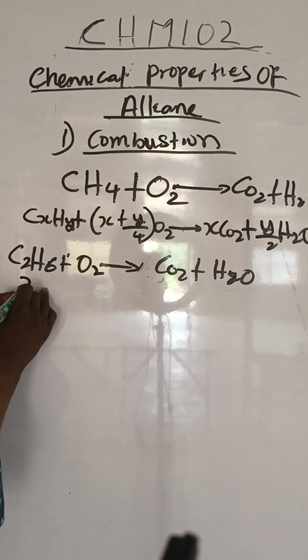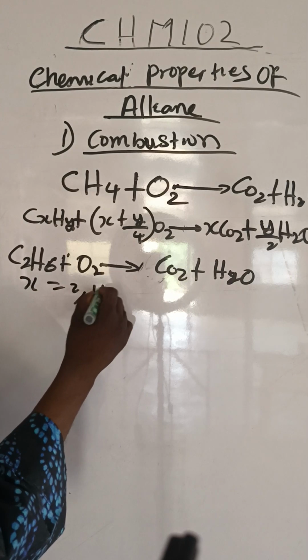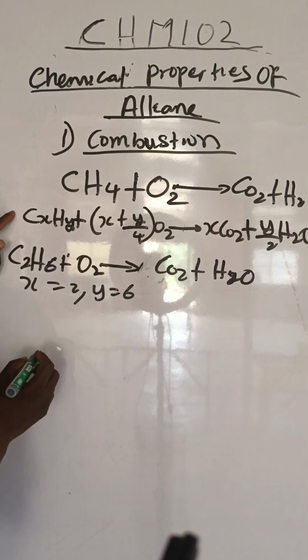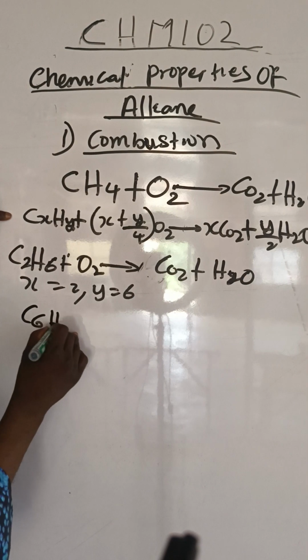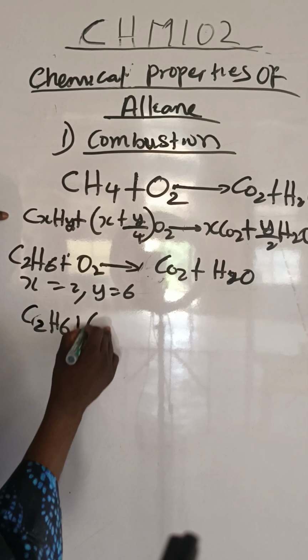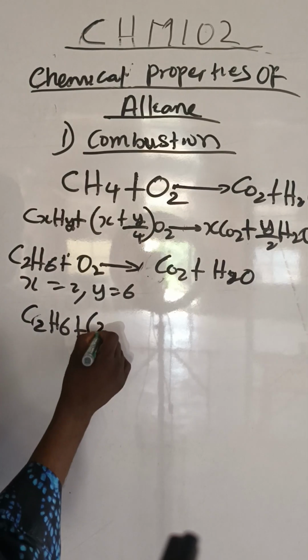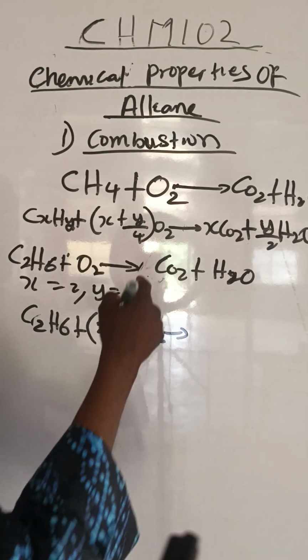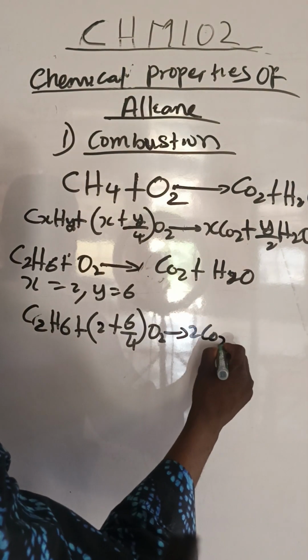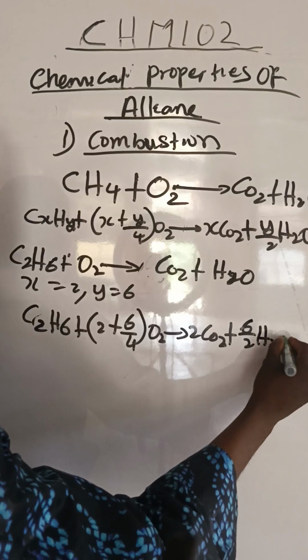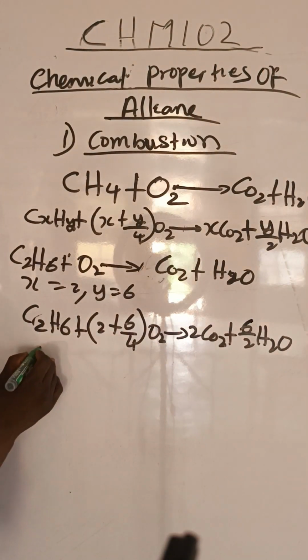Our x is equal to 2, y is equal to 6. So that means if I see x, I will write 2. If I see y, I will write 6. Okay, let's come back. That will be C2H6 plus, open bracket, x is 2 plus 6 over 4 O2 to give 2CO2 plus 6 over 2 H2O.